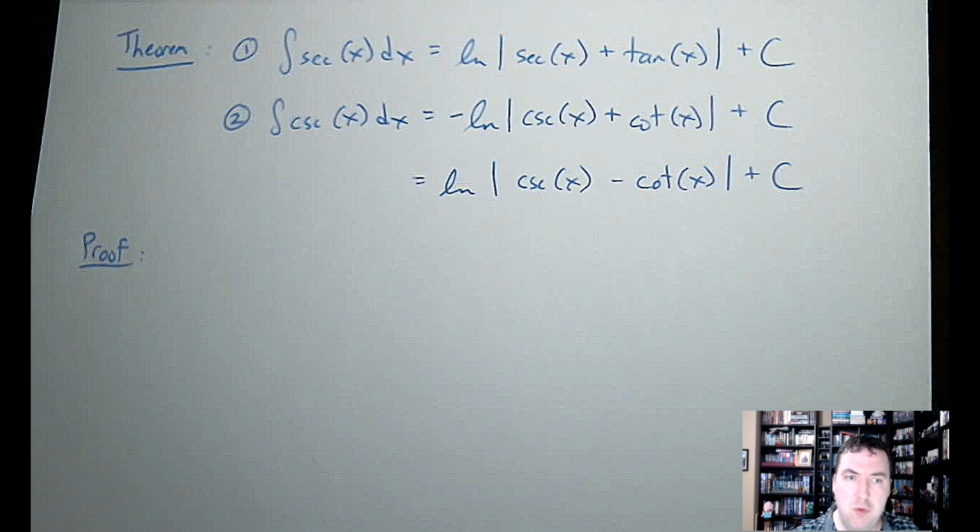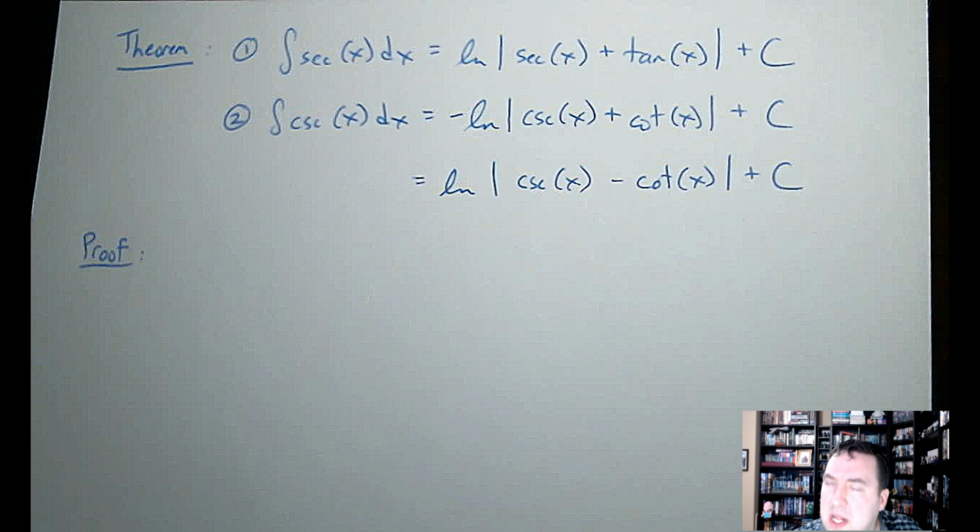If we let u be sine x, du, of course, would be cosine x dx, and there is no cosine. So that suggests that maybe that's not the right approach to take.